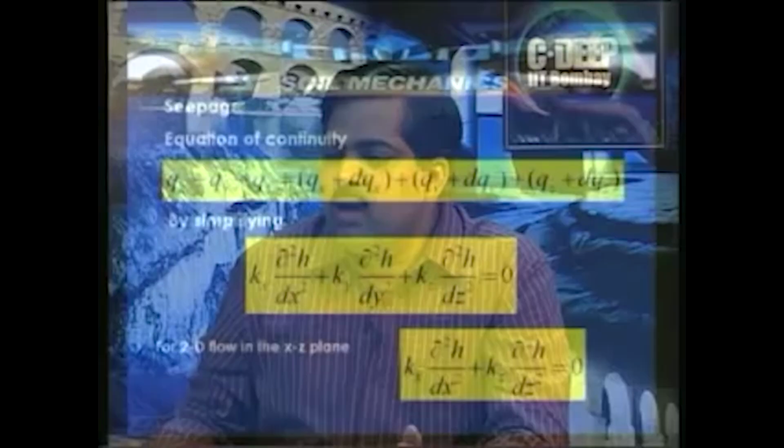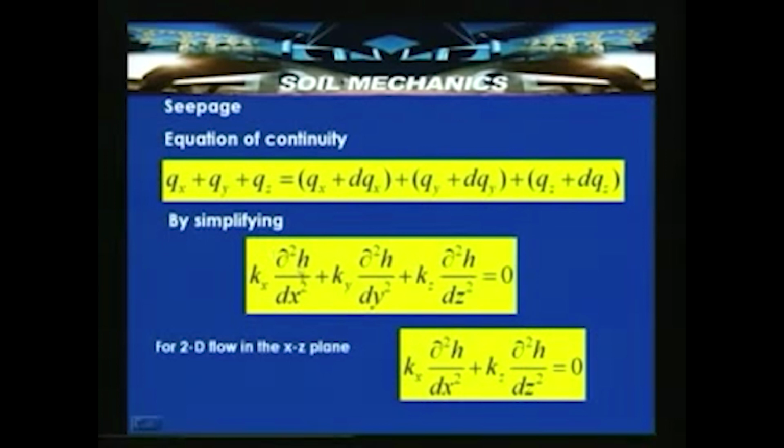By substituting the previous discussion and simplifying, qx plus qy plus qz is equal to qx plus dqx plus qy plus dqy plus qz plus dqz. The simplification of that yields kx into ∂²h by ∂x² plus ky into ∂²h by ∂y² plus kz into ∂²h by ∂z² is equal to 0, where h is the head at that particular point under consideration.